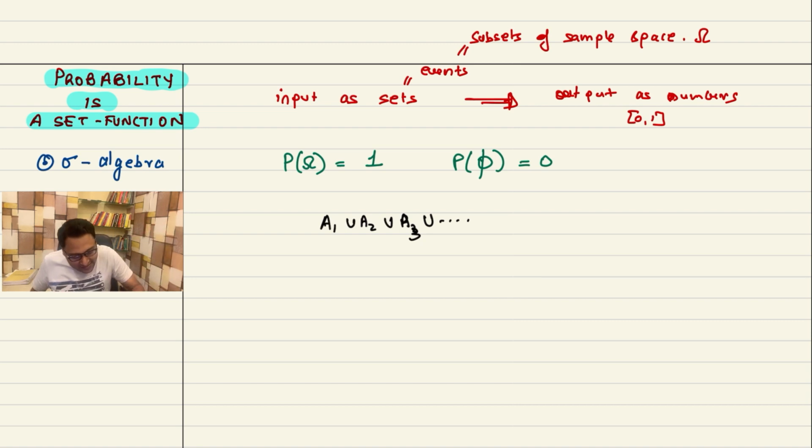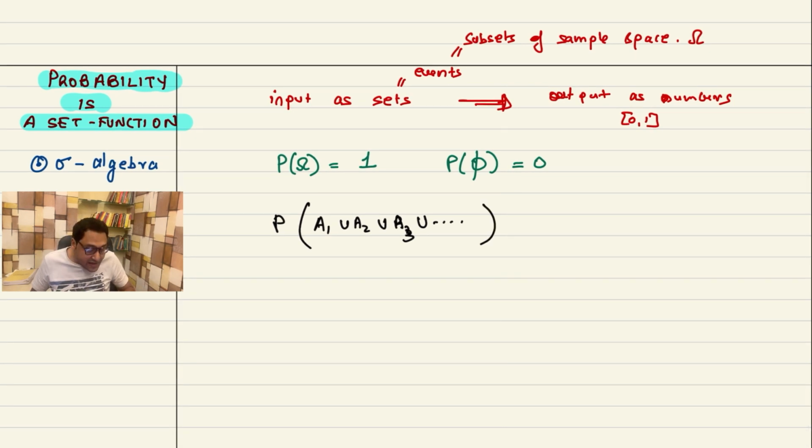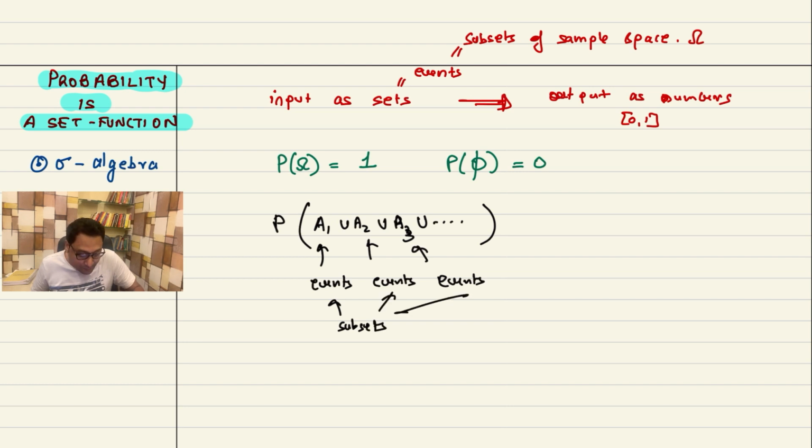What it says is, if you want to calculate P of the countable union of these sets, these are all events, by the way, events meaning subsets of the sample space, and these are all disjoint events.